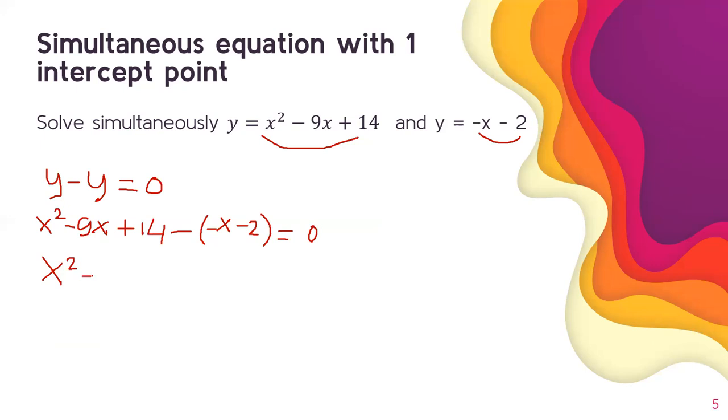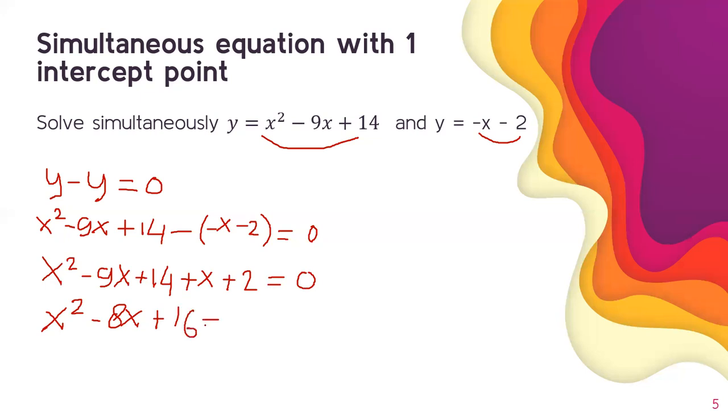So x squared minus 9x plus 14 plus x plus 2 equals 0, which gives x squared minus 8x plus 16 equals 0, and (x minus 4) squared equals 0.